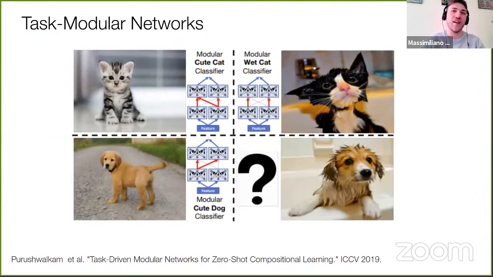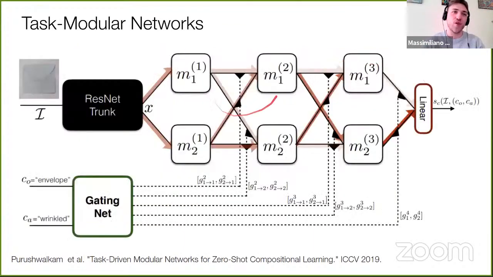We have a shared network, which is these M modules, and the modules are activated through gates, and the values of these gates are computed through a gating net. The input to the gating net is the object and its corresponding state.